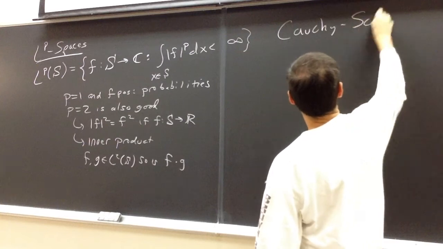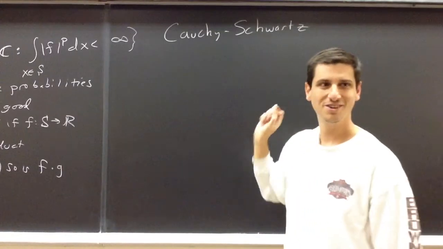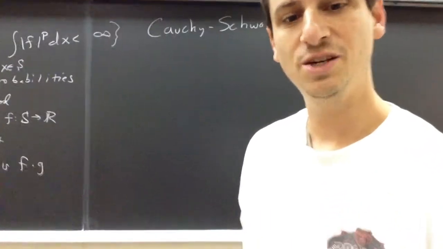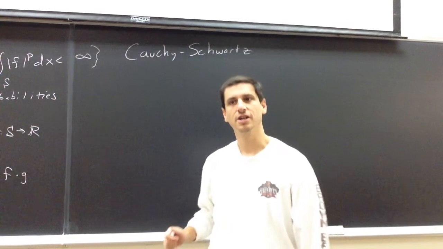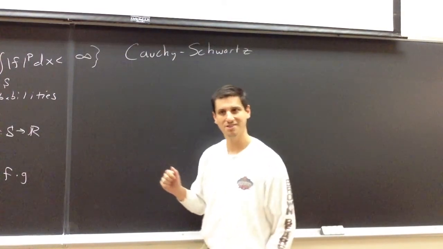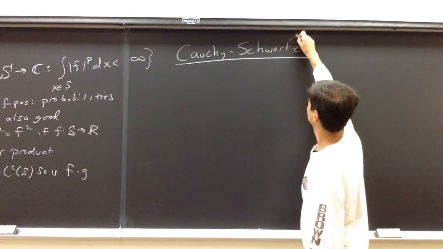Cauchy-Schwarz, I always forget, is there a t in this one? One of them has the t, one of them doesn't. I think Cauchy-Schwarz has the t, and then later the Schwartz space doesn't. I always forget which way it goes, so I'll put a little question mark.